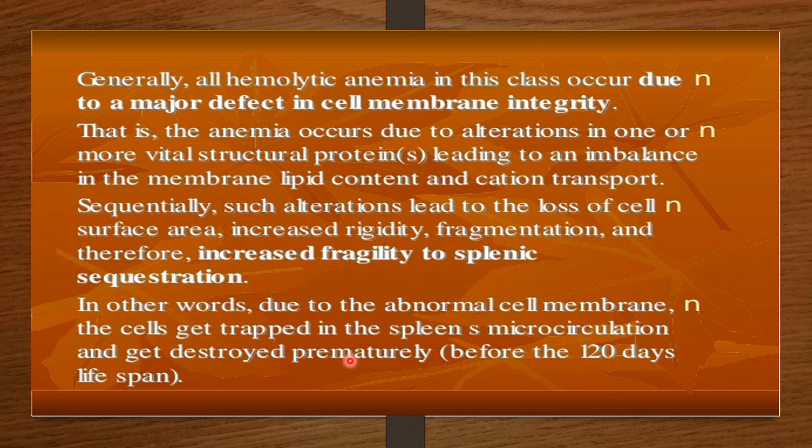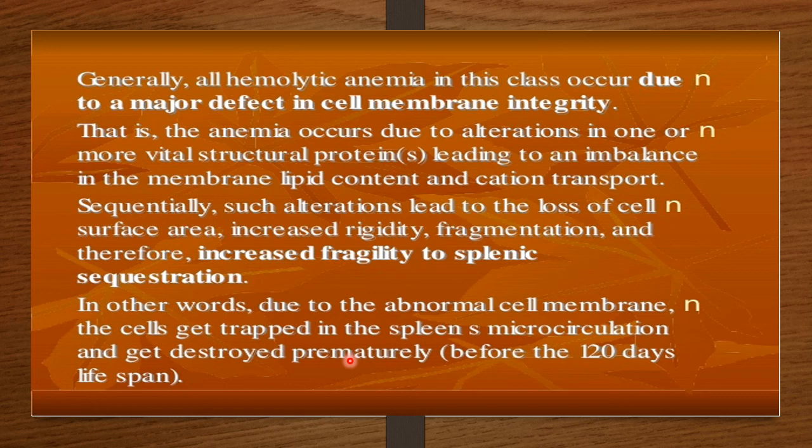Generally, all hemolytic anemias in this class occur due to a major defect in the cell membrane integrity. This is the anemia that occurs due to the alteration in one or more vital structural proteins leading to an imbalance in the membrane lipid content and cation transport. So the membrane is made up of protein and lipids, and if there is any alteration in this, there is a defect in the membrane.